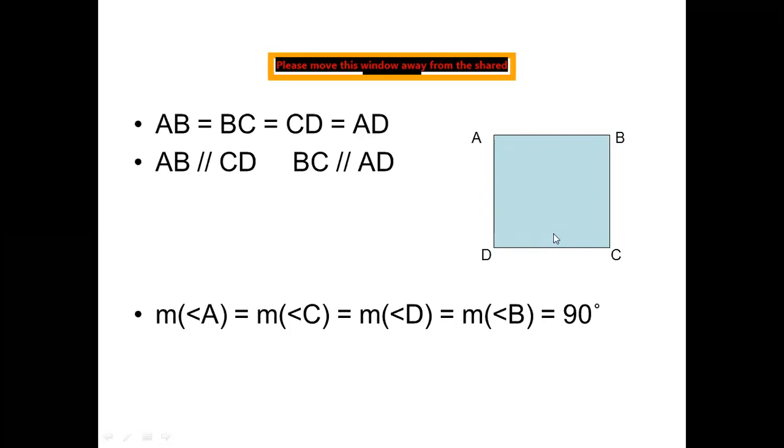The opposite sides never intersect at one point. And the four angles are equal in measure. Measure angle A equals measure angle B equals measure angle C equals measure angle D. Because all of them are right angles, the measure of each of them is 90 degrees.